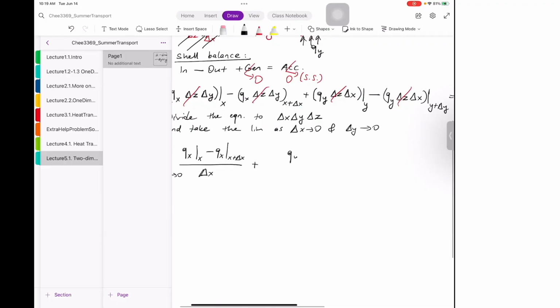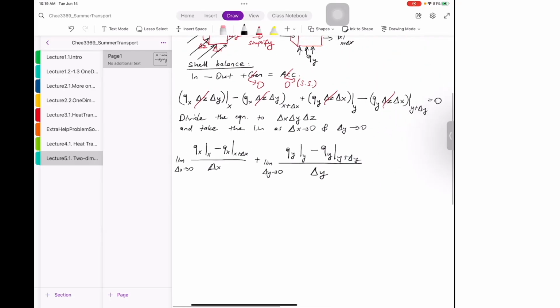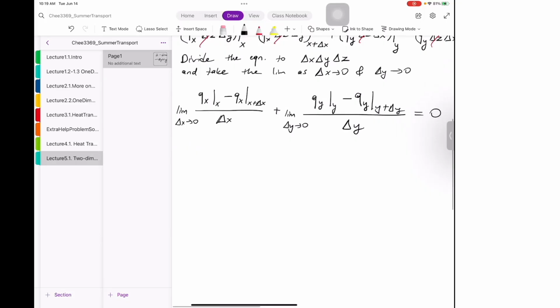So you get qy at y minus qy at y plus delta y divided by delta y, when delta y goes to 0, and the sum is equal to 0. Correct?